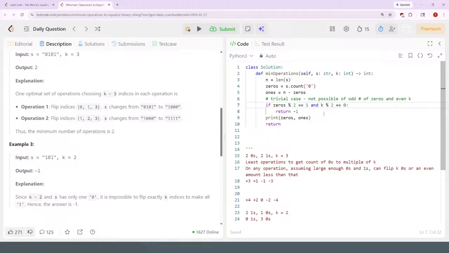Even number of zeros, even number k. Could that just not work out?